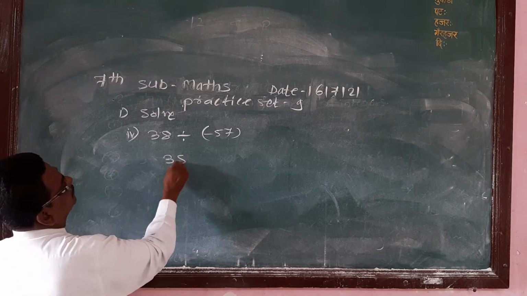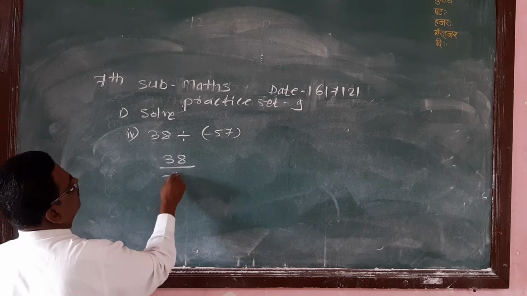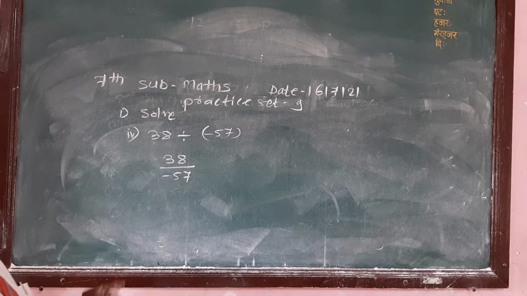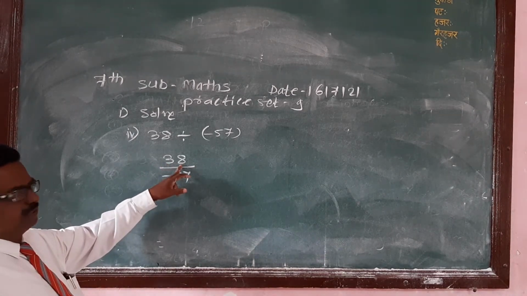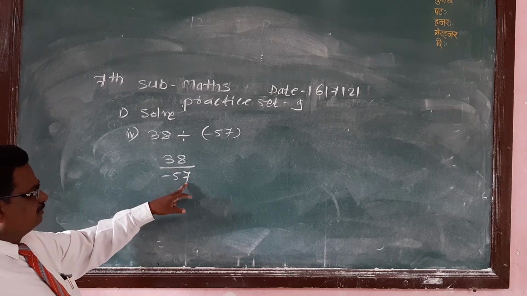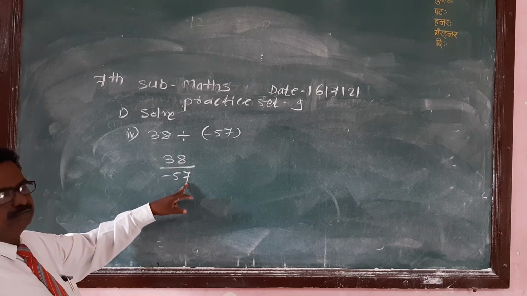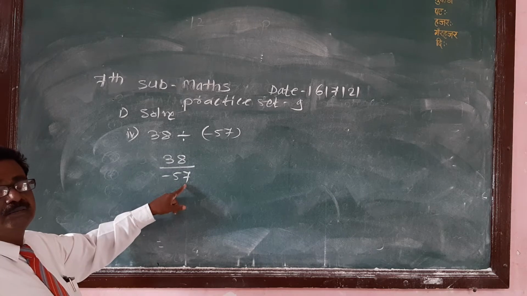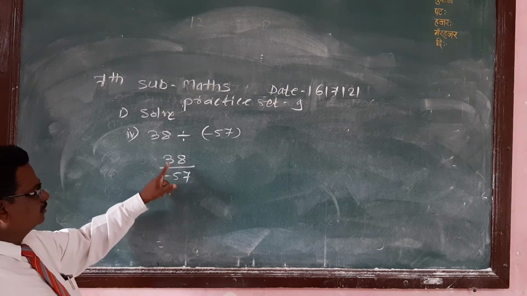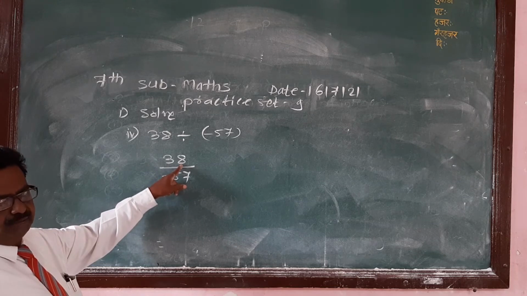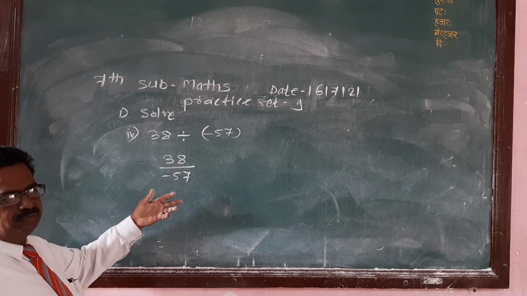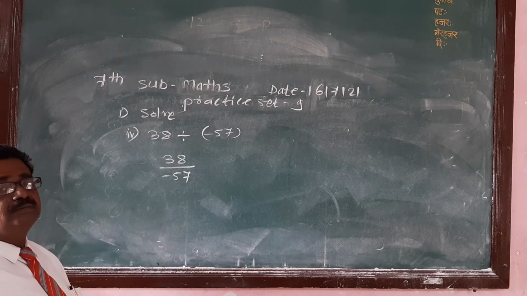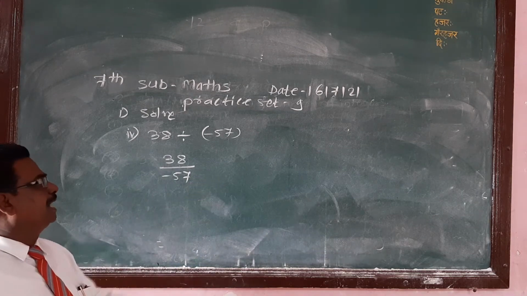Okay. 38 divided by minus 51. 8 plus 3 is 11, 5 plus 1 is 6. Here we did not divide by 2. Also did not divide by 3 because the sum here, 8 plus 3, is 11. Not 4, not by 5, not by 6, not by 7. Then we are going up to 19.